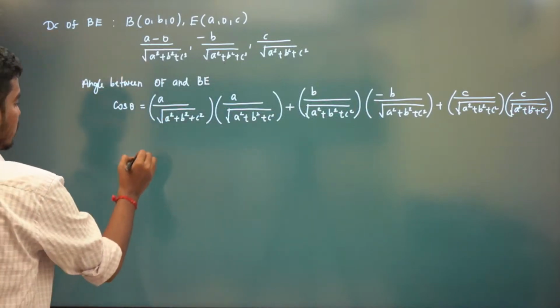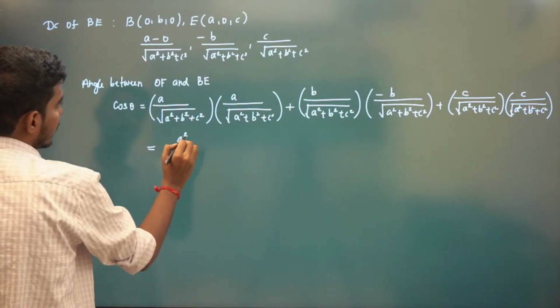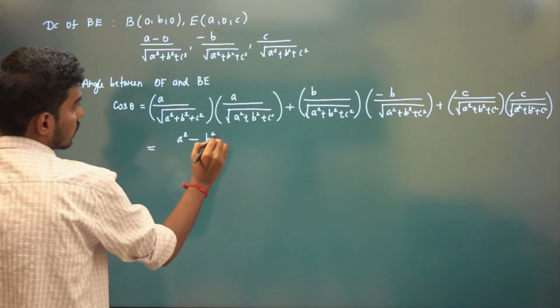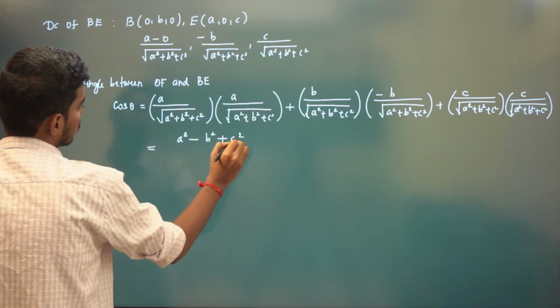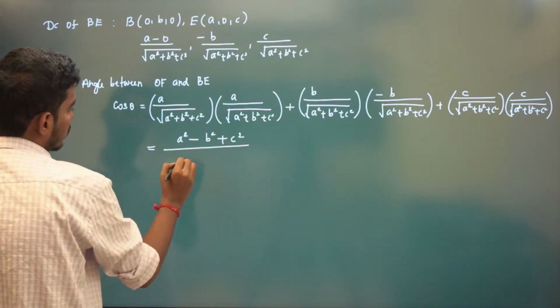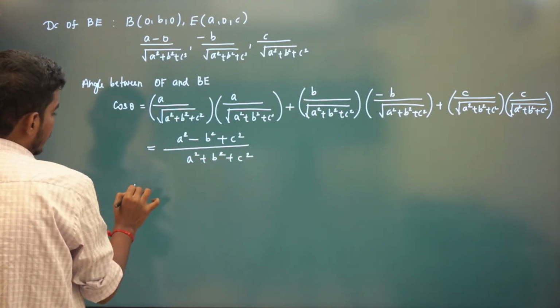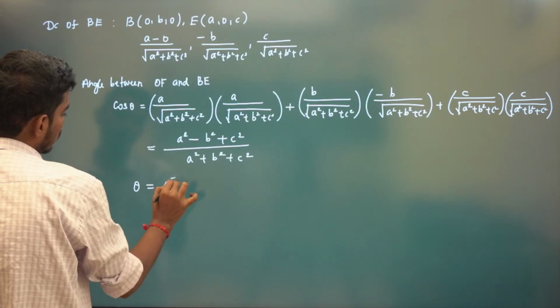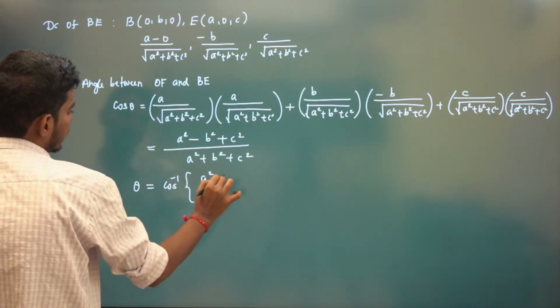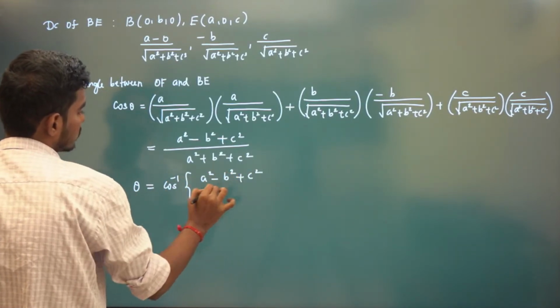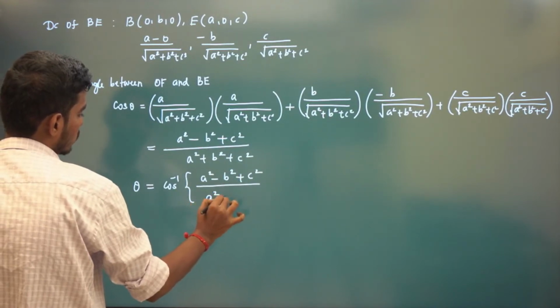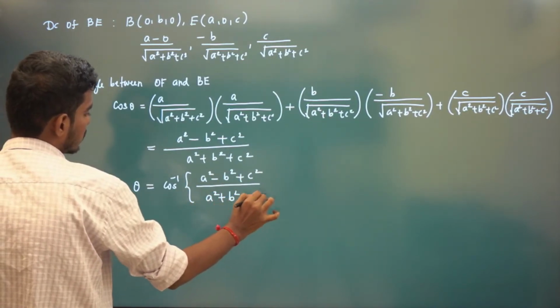Now make a dot product. So this will be a square minus b square plus c square divided by a square plus b square plus c square. Therefore theta is equal to cos inverse of a square minus b square plus c square divided by a square plus b square plus c square.